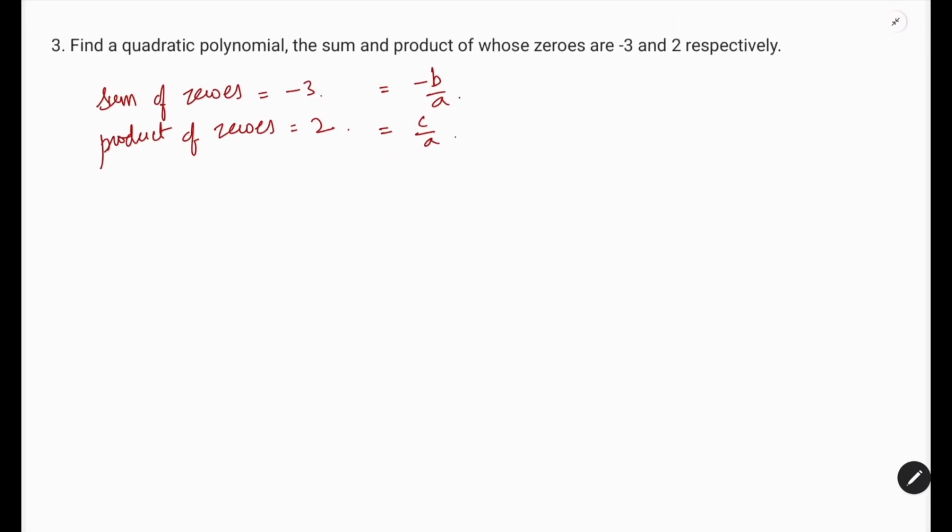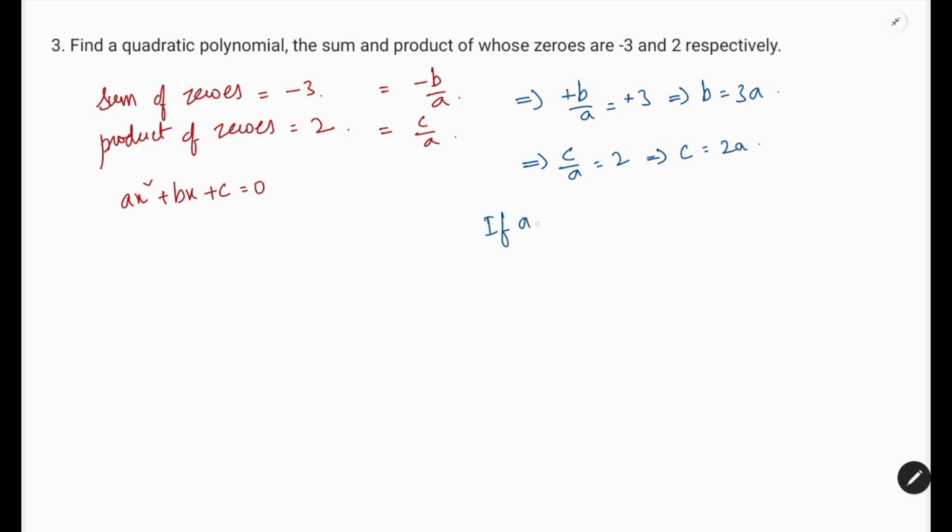Take the quadratic equation ax square plus bx plus c equal to 0. Here it is given as minus b by a equal to minus 3. Minus and minus cancel. Here b equal to 3a. And here product is given as c by a equal to 2. This implies c equal to 2a.